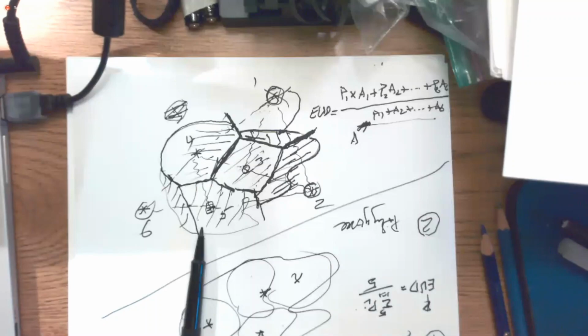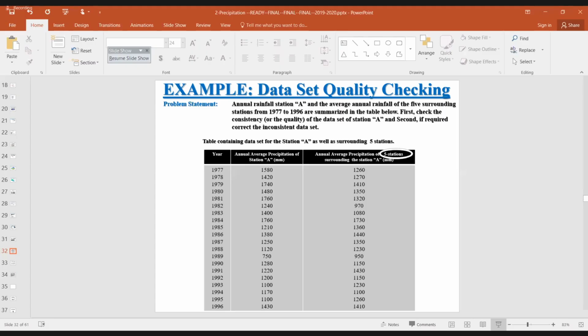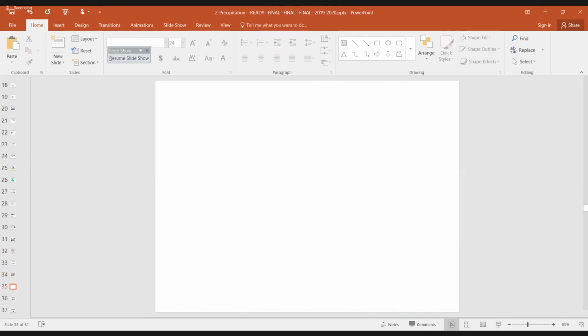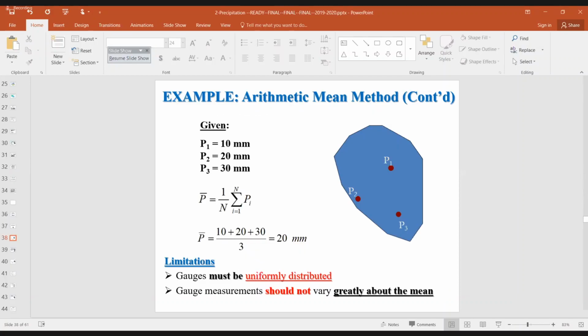Okay, now let's go back to the basics. I want to share this one. Okay, so we did this, and that's the simple method.